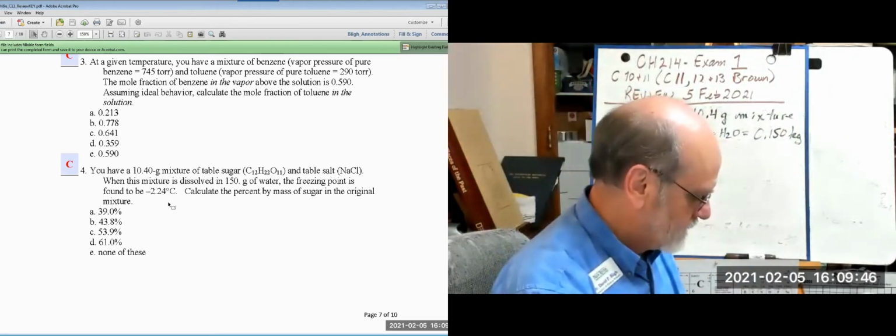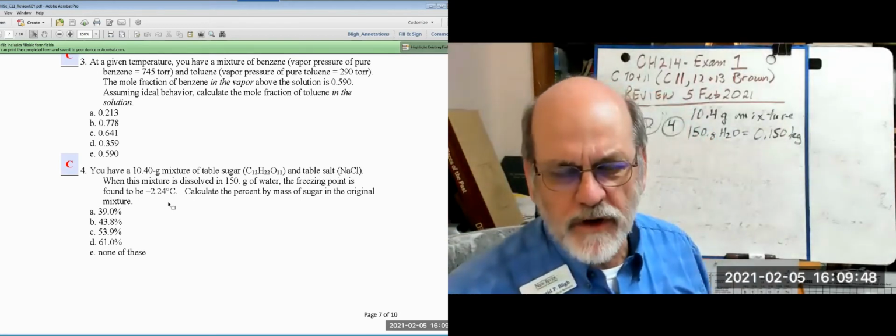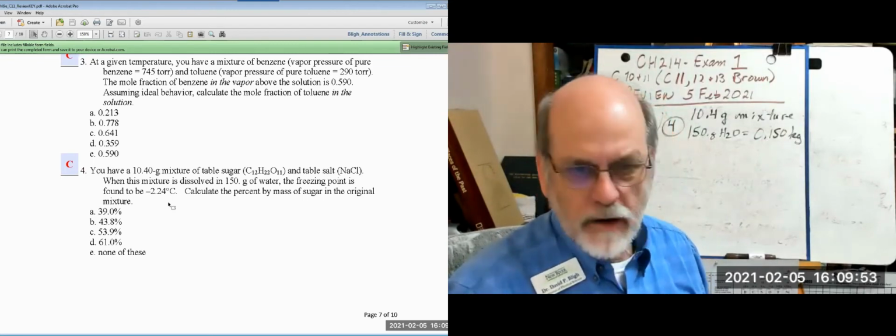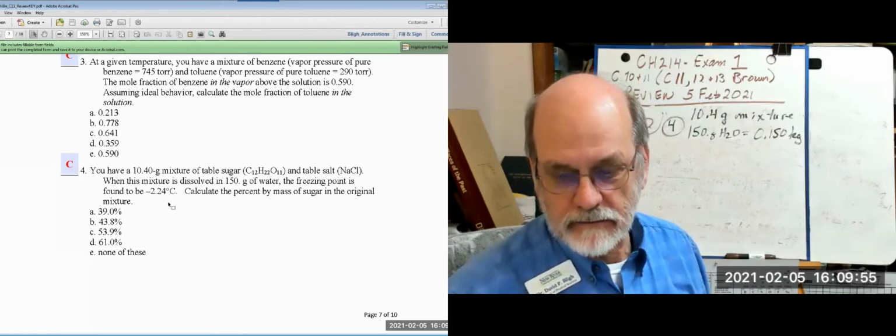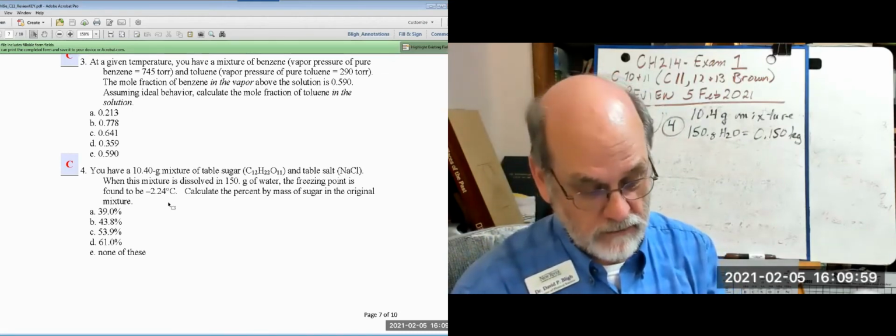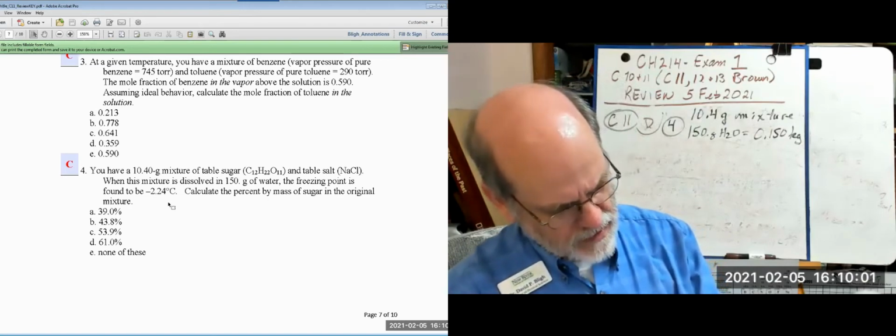Okay. Now, what's the freezing point depression constant for water? That's not given. Well, let's look. Should be in useful information, should it? Let's see here.